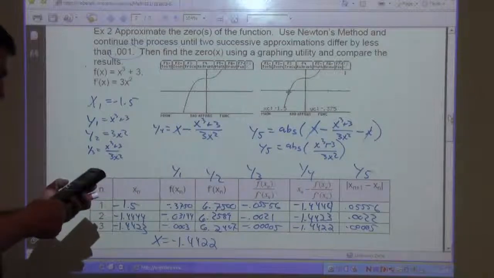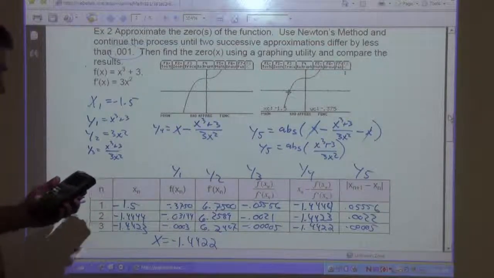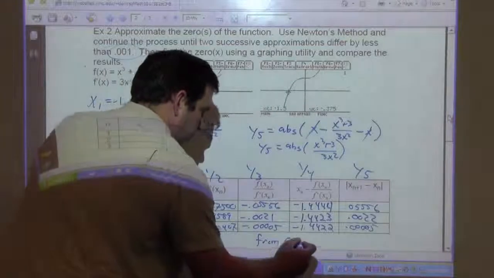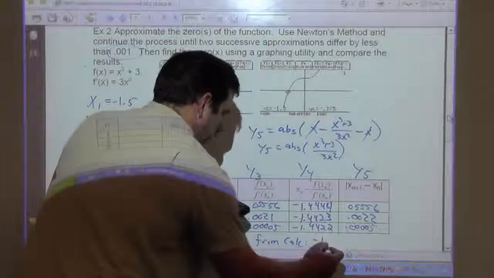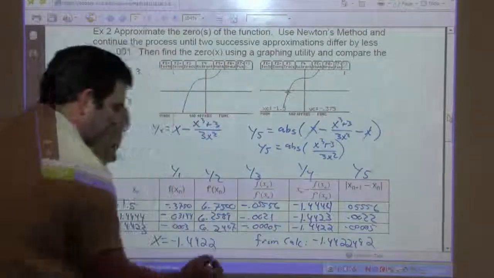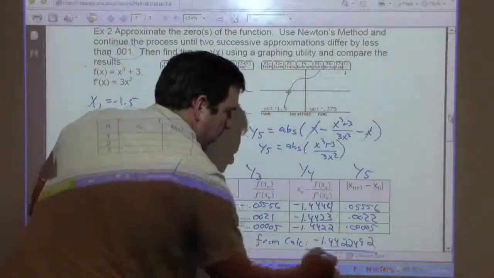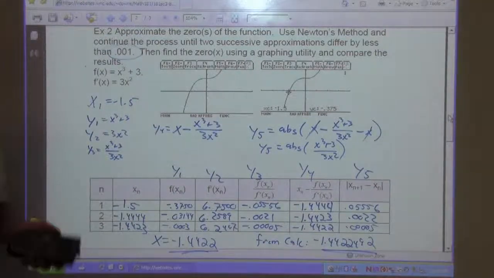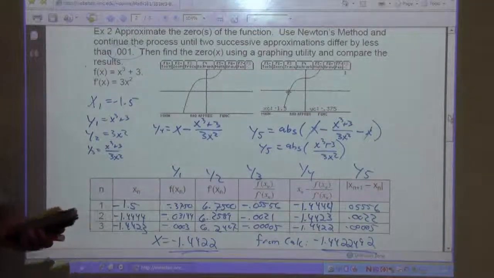And it says negative 1.4422496. So look at that. We're there. It has a little bit after that too, but we're there. 4 decimal places. Pretty cool.